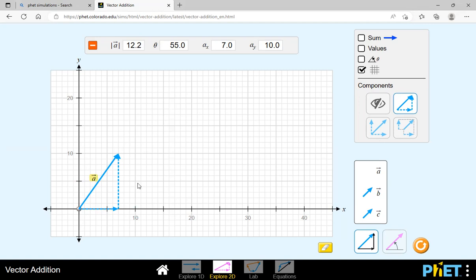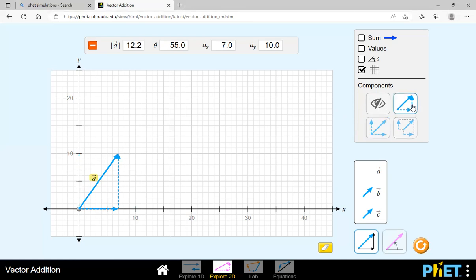Now, if you want to find the y component of A, what should you do? You project a line from the head of A that is perpendicular to the y-axis, and this here is the y component, or ay, of this vector.